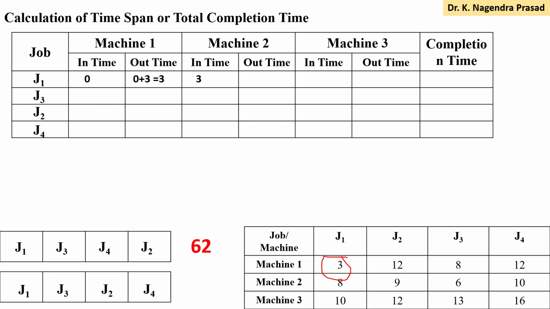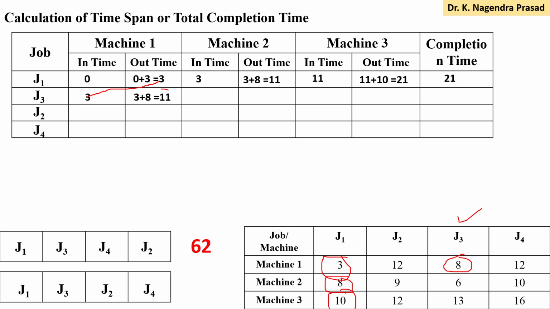And for machine 2, the in time is 3 and the out time is 3 plus 8, which is equal to 11. For machine 3, the in time is 11 and the out time is 11 plus 10, which is equal to 21, and the completion time is 21. So next, for job J3, the in time is 3 and the out time is 3 plus 8, which is equal to 11.